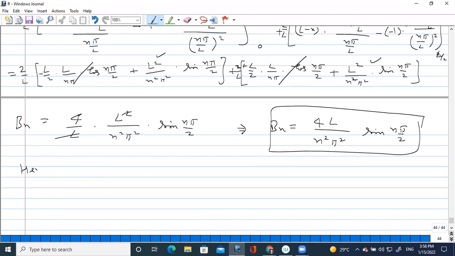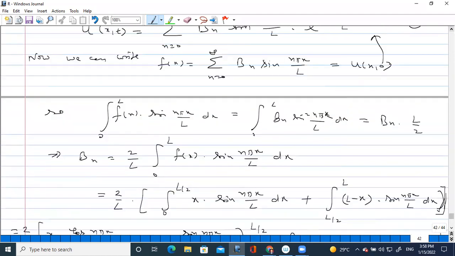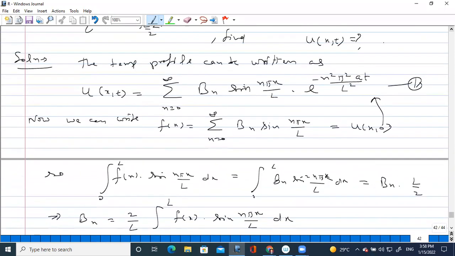Hence, u(x,t) will be, this Bn value only I have to replace here in equation 1. So Bn value I will put and rest all will be the same. Now you put it. Sine n pi x by L already there, and I will write here sine n pi by 2 and the Bn value.